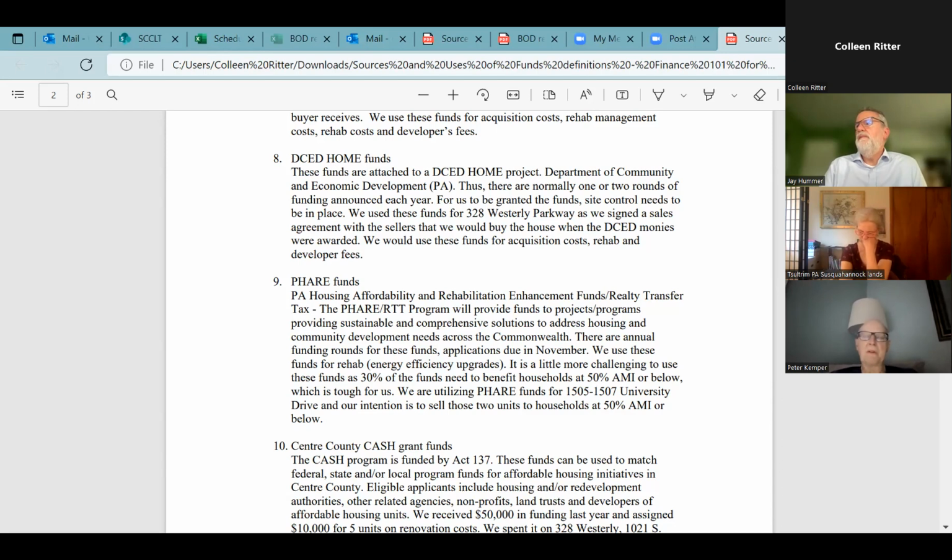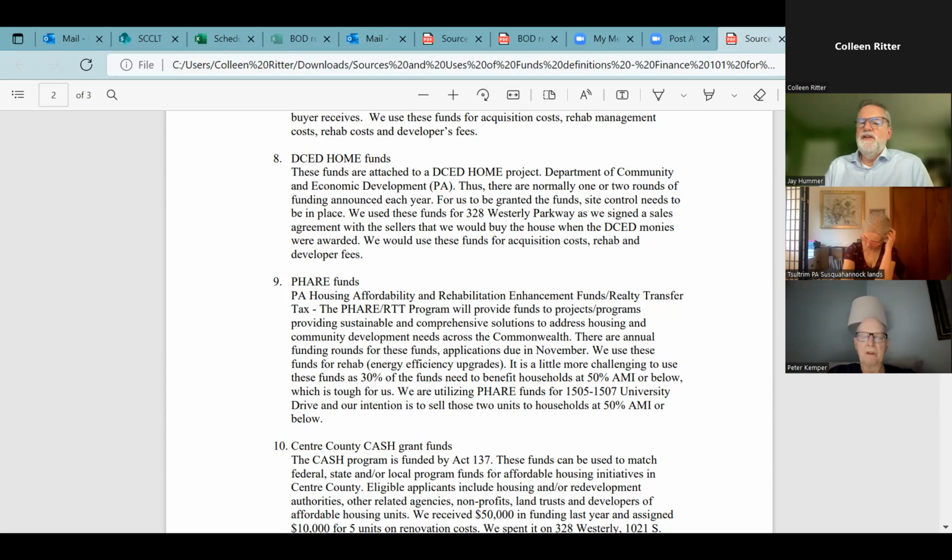But those ones are project specific. You have to have a project in mind and site control of it. You can't just say, we're probably going to buy a house in the next 2 years, can we have the money? Because they won't give it to us. You have to have a site.